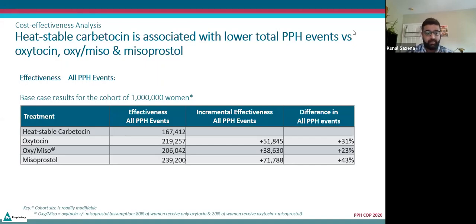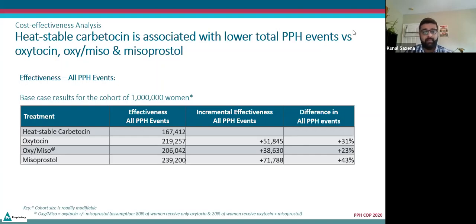So again, as the previous slide showed, you have the effectiveness, all PPH events associated with each of the treatment options, the incremental effectiveness, which is essentially the difference between the existing treatment option and heat-stable carbetocin, and the difference in percentage amount.